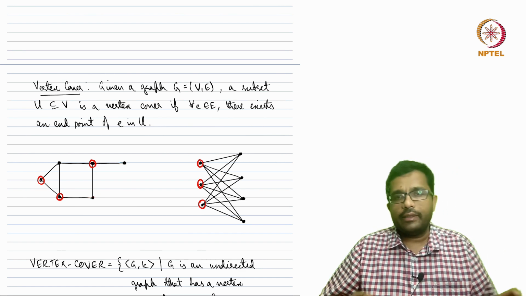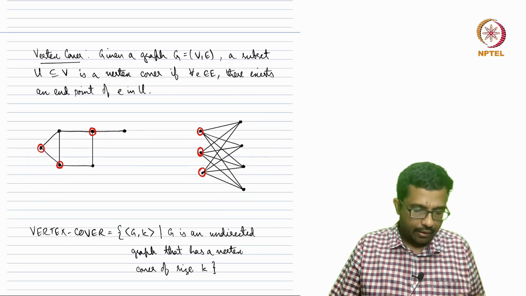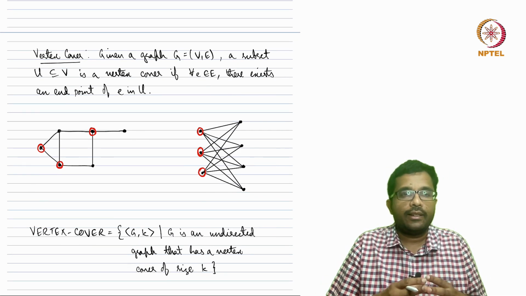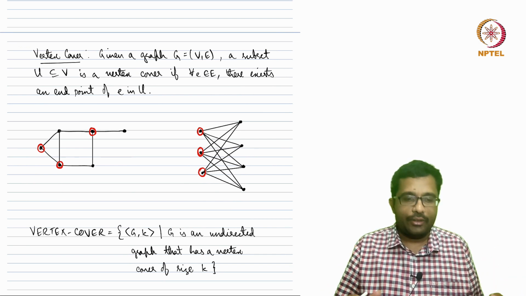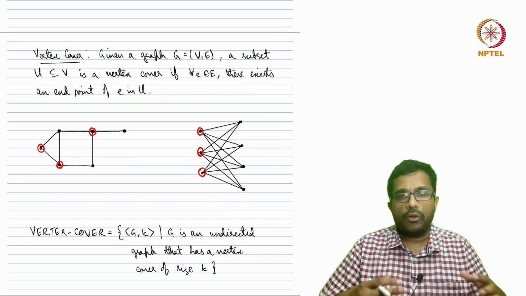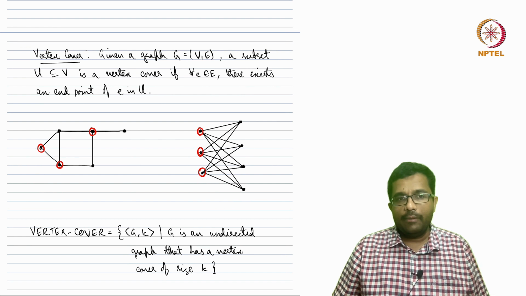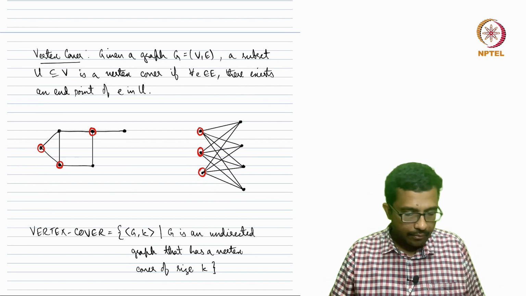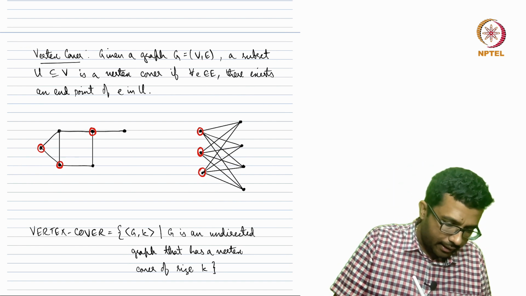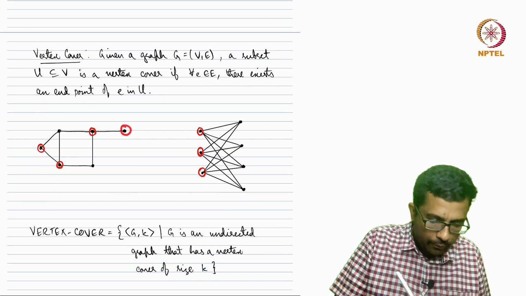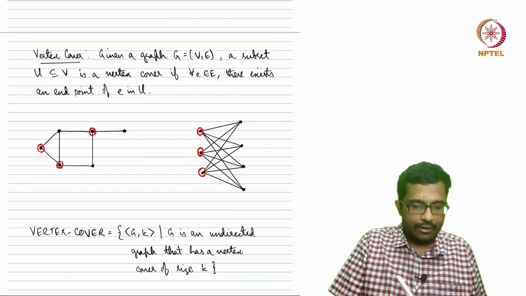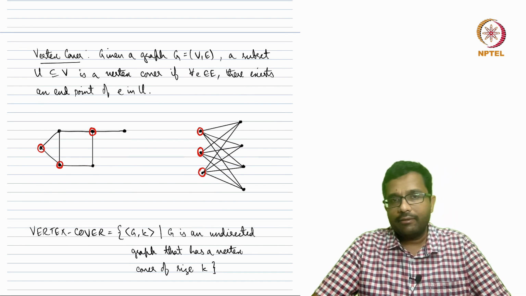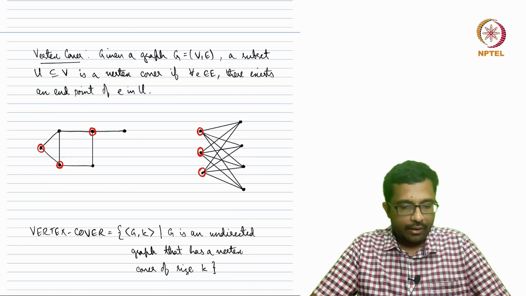Usually we are interested in the smallest vertex cover, whereas for clique we are usually interested in the largest clique. Vertex cover is a covering problem. We want to cover all the edges, but we want to reduce the number of vertices used in covering. While this is a vertex cover, if we add one more vertex, that's also a vertex cover, because it is already covering.